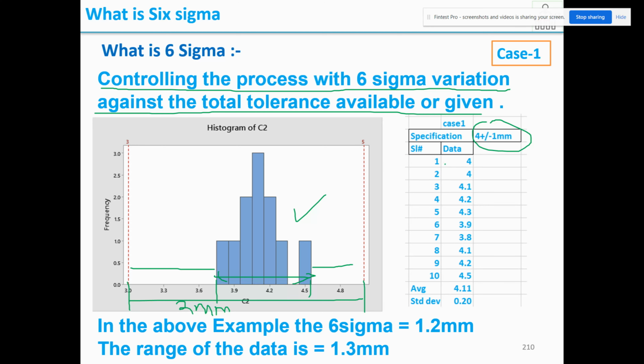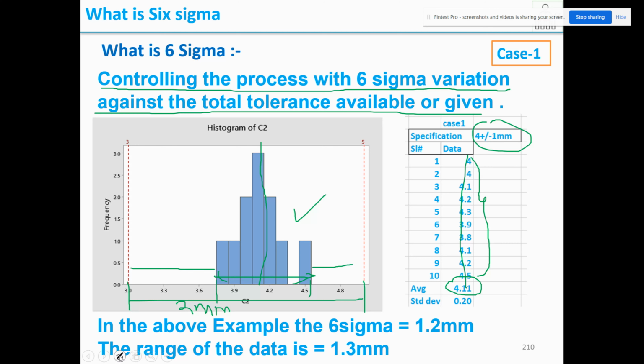Okay, let us see the data. The data is like this: 4, 4, 4.1 till 4.5. The average of the data is 4.11. That means the middle value of this data is 4.11, somewhere here. Why is it the middle value? Because it's nothing but the average, the process mean. Then the standard deviation is 0.2.